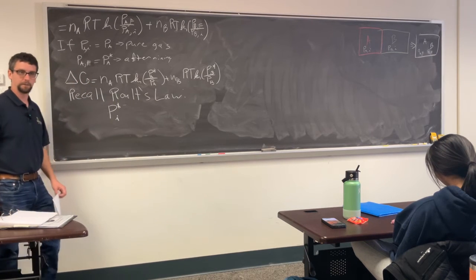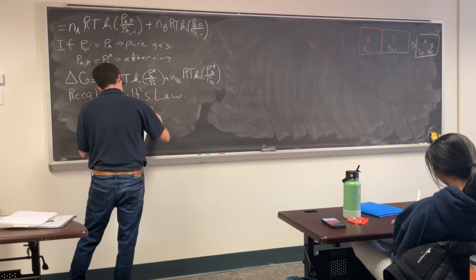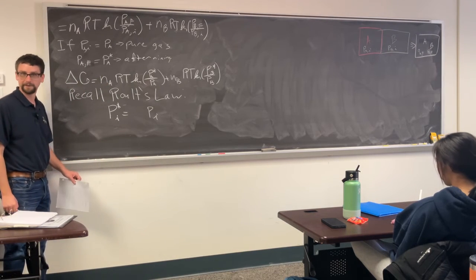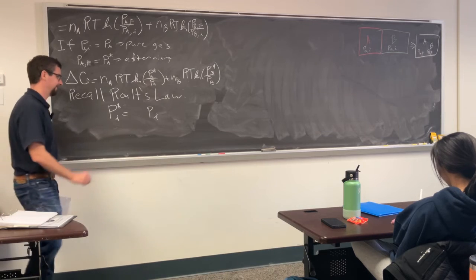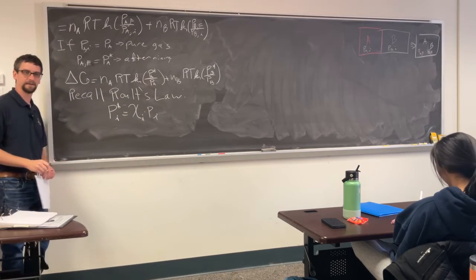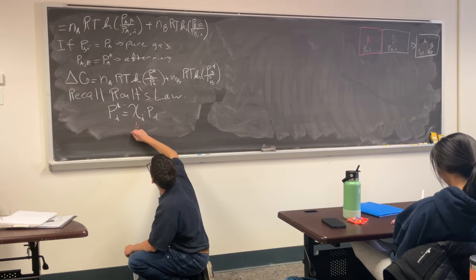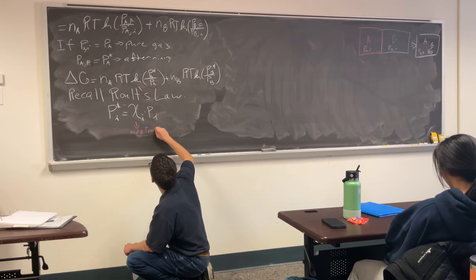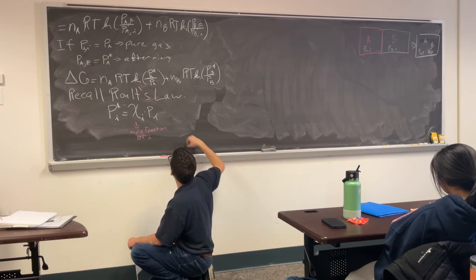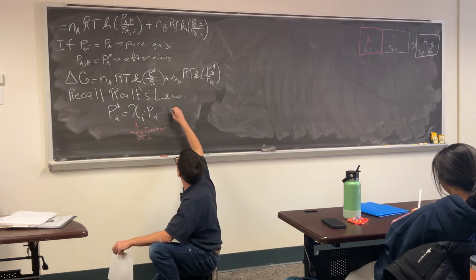So we're going to say our final pressure of some species I is equal to the initial pressure of pure I, and we've got to multiply it by something. What's that thing? Yeah, mole fraction of I. What's that P? Yep, the initial pressure, that's of pure I.